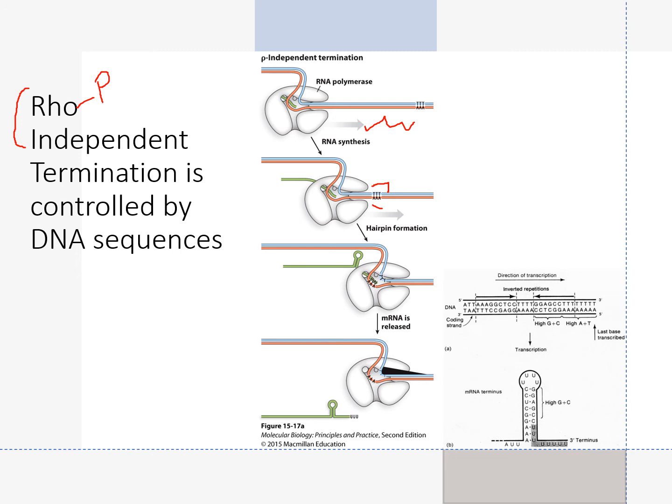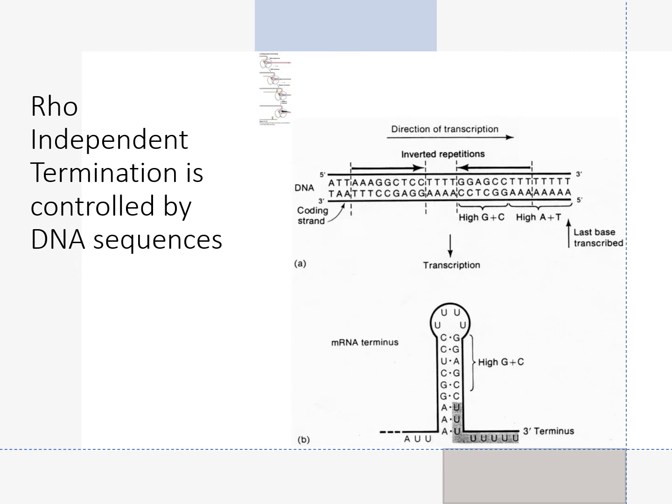So let's take a little closer look at that. You can see here that there are some inverted repeats in the DNA sequence. As this is the coding strand down here, it's going to go along, and then there's a little bit that's GC rich right in here, and they're going to bind up to form this hairpin.